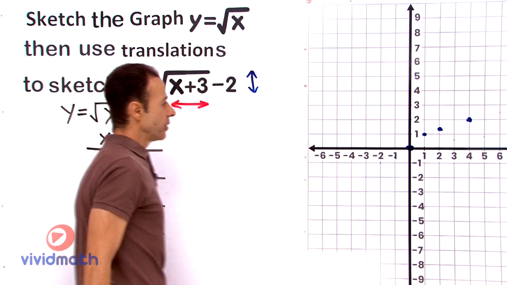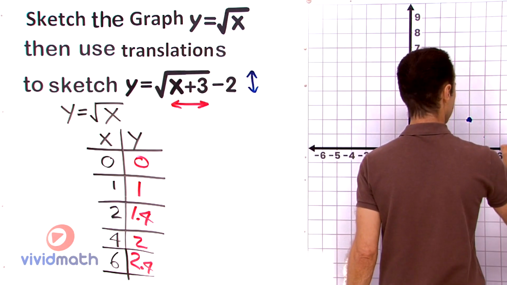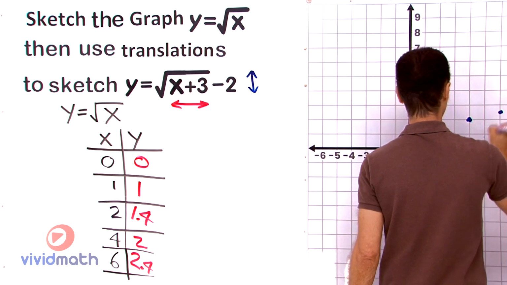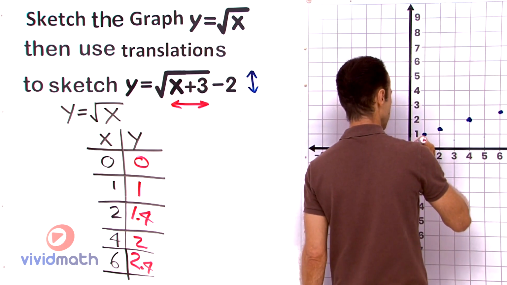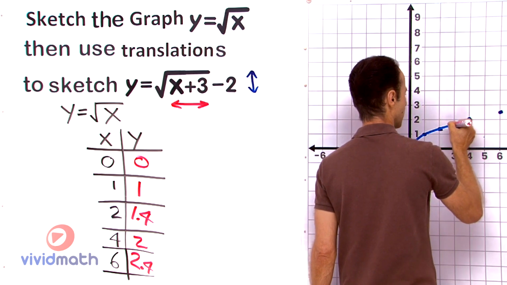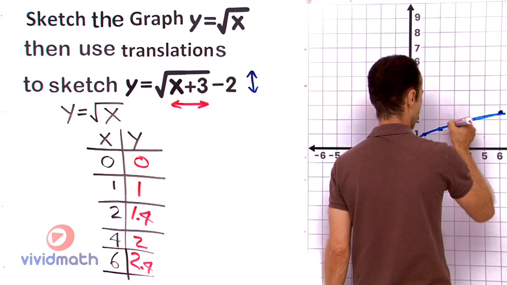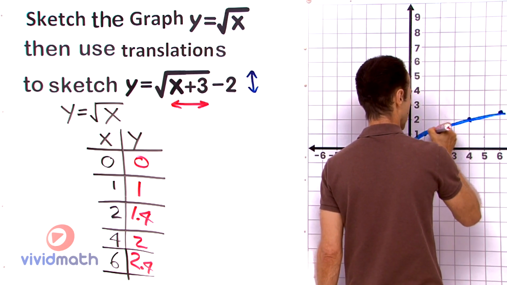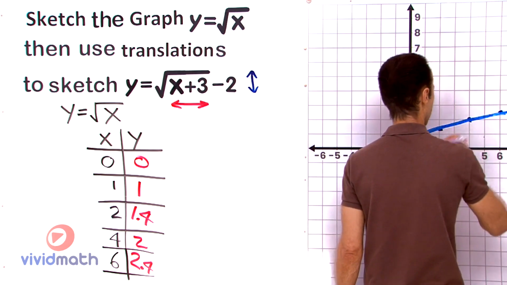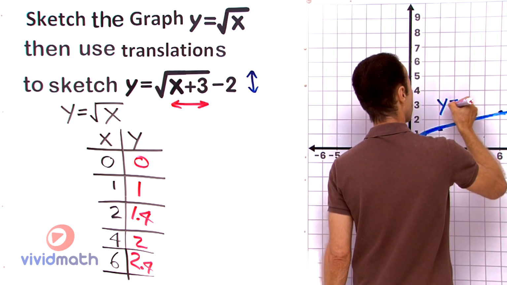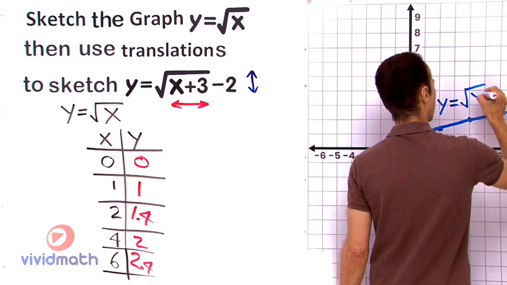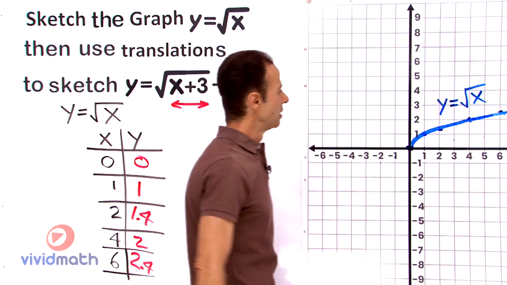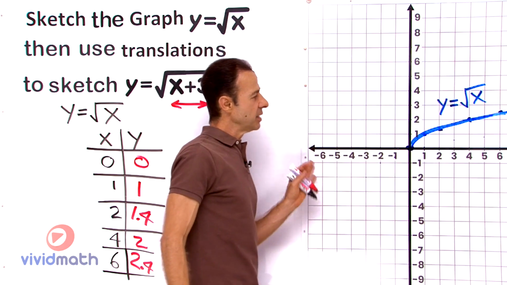And 6, 2.4. Across 6, 2.4, that'll be right there. So we just join the dots now. Okay, so that is y equals the square root of x. There's our curve there. It starts right there, there's nothing on the negative.